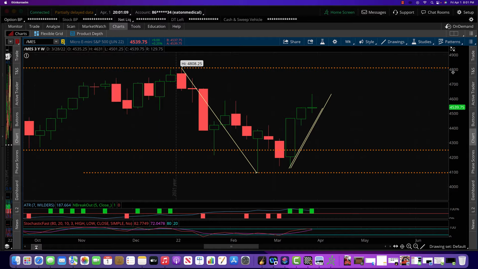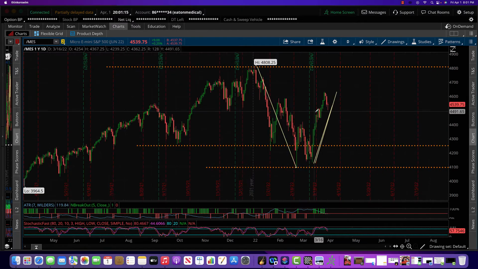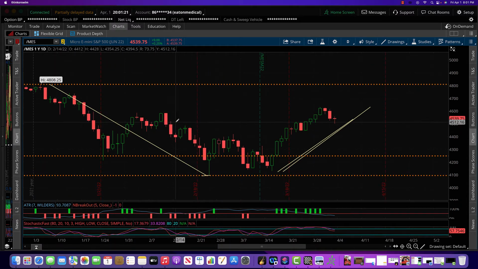So let's look at this on a daily basis. Daily chart. Okay. Again, you can see the relationships in real time, right? Quarterly high 4813, and you had a couple of lows down here, quarterly lows at 4098 and 4241.